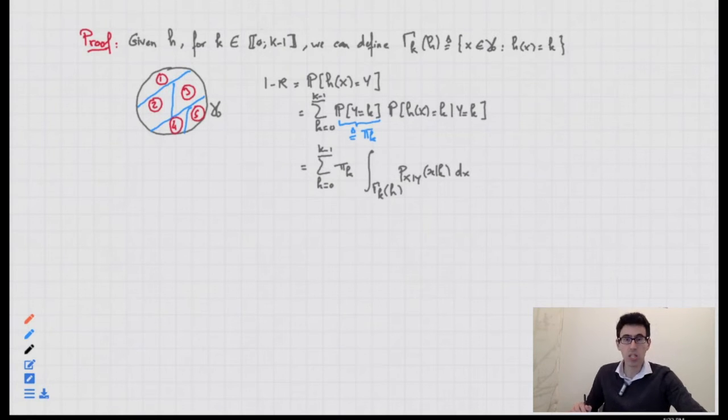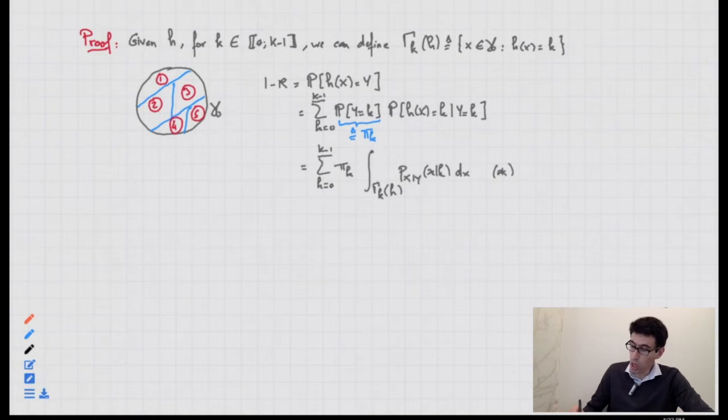All right, so what I'm using here is the definition of what p of h of x equal k given y equal k is. You know that you're going to get h of x equal k if, given y, you generate an example x or a feature vector x that falls in the decision region where you assign a label k. And this is exactly the definition. All right, so now I'm going to call that expression star.